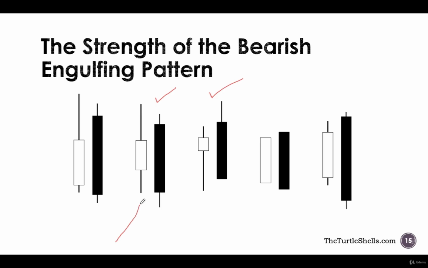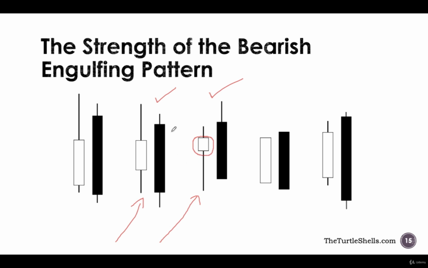Now, if they are coming after an uptrend, we would say that this pattern is more powerful than this one because this represents some indecision. There is some confusion in the market. And if we compare these two candles, this candle is more powerful and more aggressive relative to this candle. So I would say this pattern is more powerful than this.